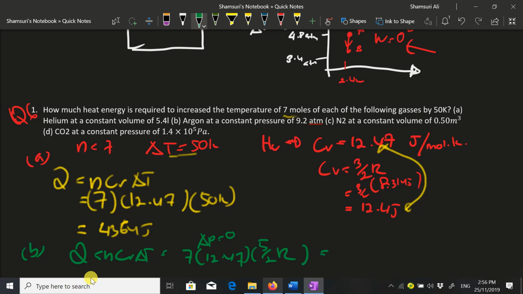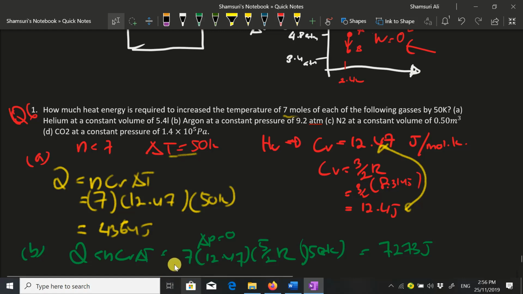Then we can calculate, T is 50, sorry. We can calculate the value, so what the value is. We get 7 times 5 1.